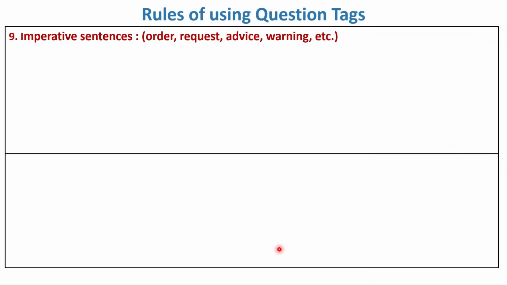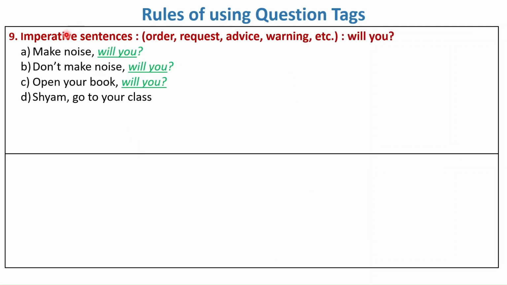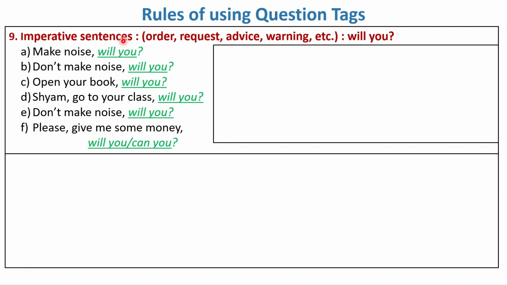Next rule. Imperative sentences. Imperative sentences are used to give order, request, advice, warning, etc. And with such type of sentences, we use will you in general. It doesn't matter whether that sentence is positive or negative.